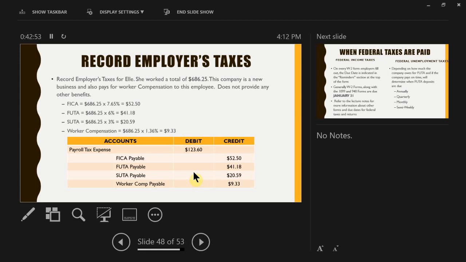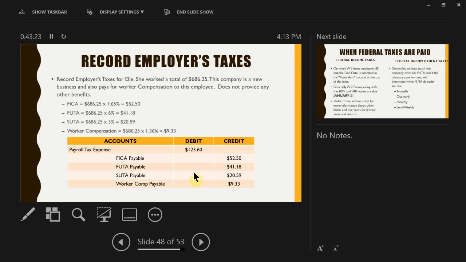And then, last but not least, you're going to figure out what the workers' compensation is, which in this case gives you a total of $9.33. You're going to add those all up to give you a grand total of payroll tax expenses that you have to pay per individual employee that you have working at your company.